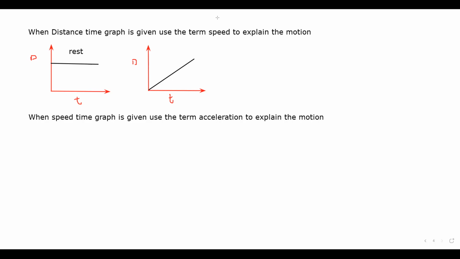So what we can say about the motion of this object, we can say this object is moving with a constant speed. And I told you, whenever a distance time graph is there, use the term speed to explain the motion. For a distance time graph, what can you say about the motion of an object?